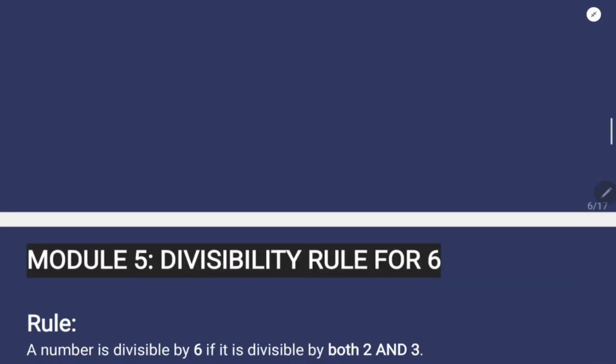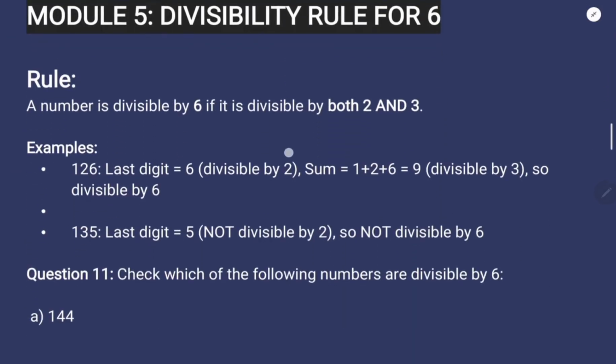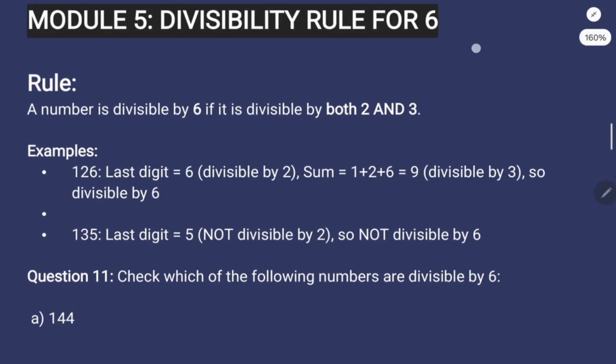After that, we have the divisibility rule for 6. Until now, we have done 2, 3, 4 and 5, right? What are the factors of 6? Factors of 6 are 2 and 3. So when you are given a number, you will check whether it is divisible by 2 and 3.